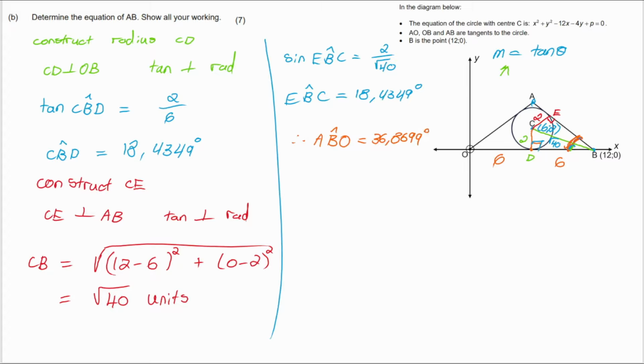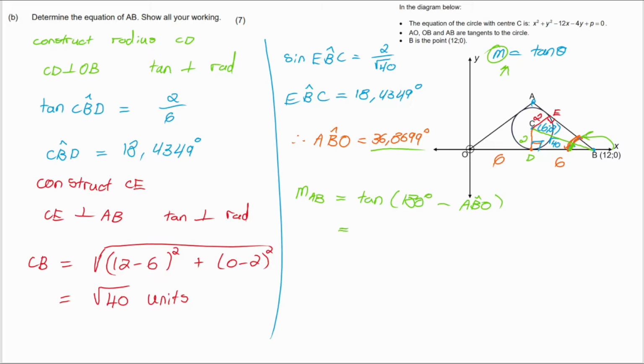Now to do inclination, remember, inclination we measure anti-clockwise from this x-axis over here. So to find my gradient, I'm going to say the gradient of AB is equal to tan of 180 degrees minus ABO.